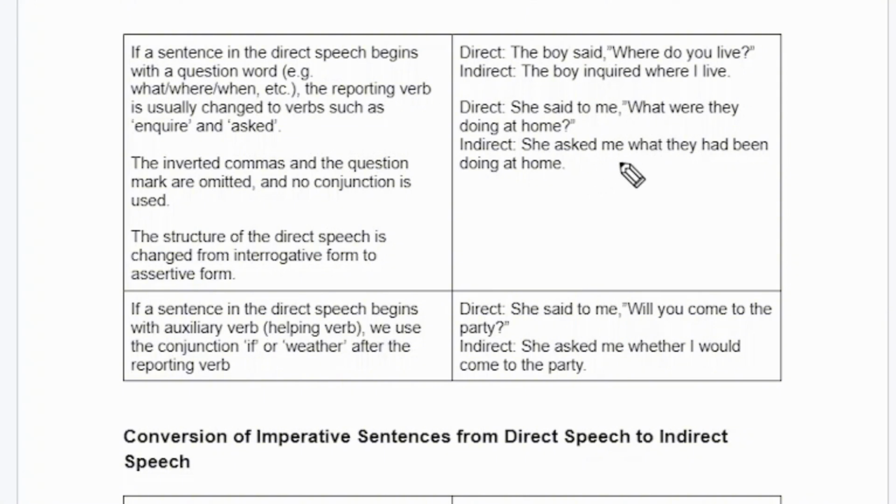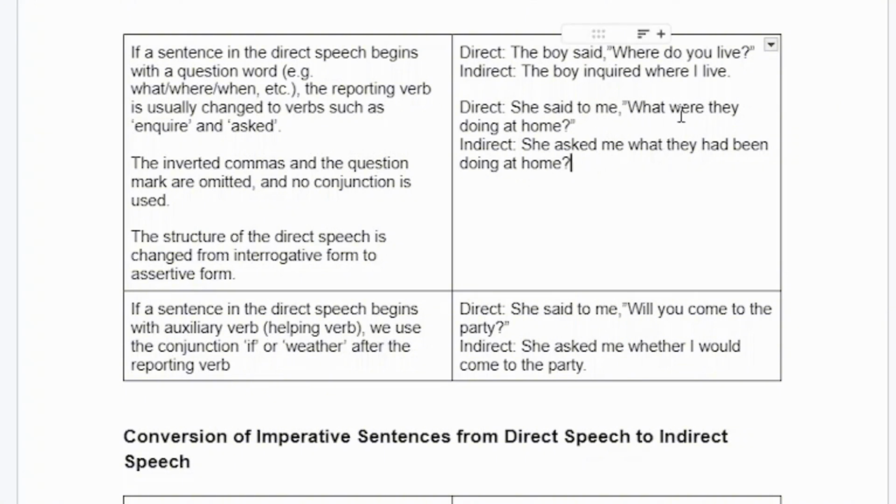But the question, what they had been doing at home, so we need to place the question mark over here.